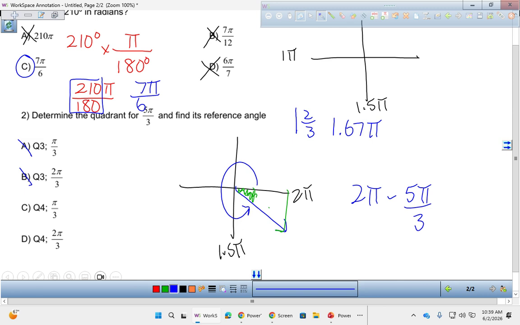When you are adding and subtracting fractions, you need a common denominator. So I need to give this a 3 and this a 3, which ultimately makes that a 6 minus 5, or a pi over 3. So the answer to this one is C. Everybody okay with that? All right.